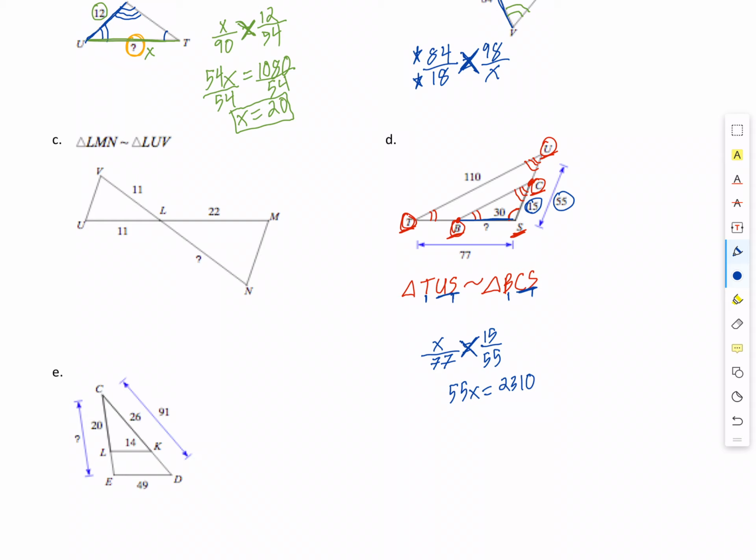Nope, that's wrong. Silly Mr. Rainey, that's wrong. Let's figure out what that is. Sorry, pause while I get a calculator.